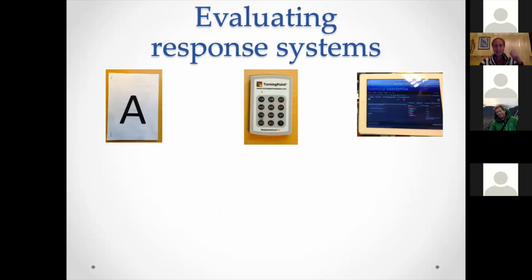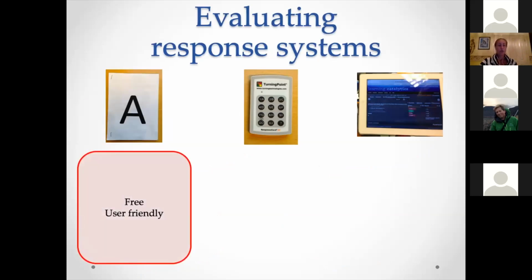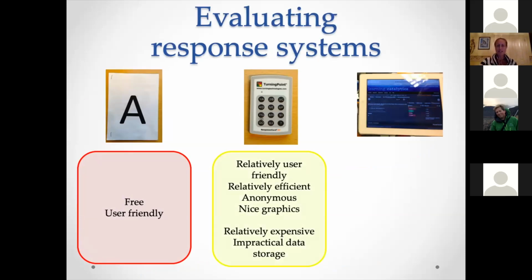And lastly, in terms of the different response systems I use for peer instruction, flashcards were a good way to start because they're free and user-friendly, but they're a bit clunky. I used clickers, which I think are mostly phased out by now, but they were okay.